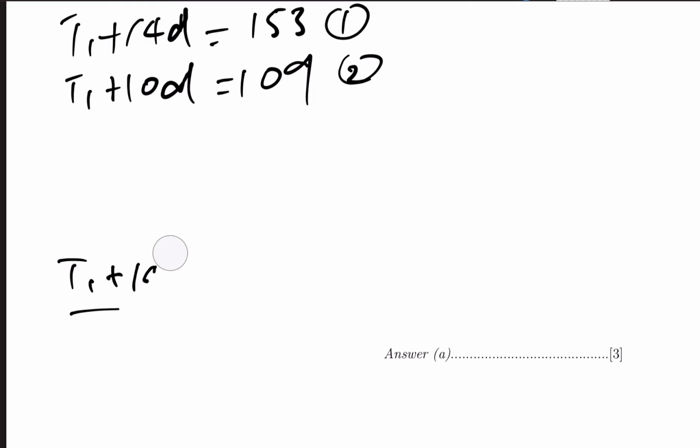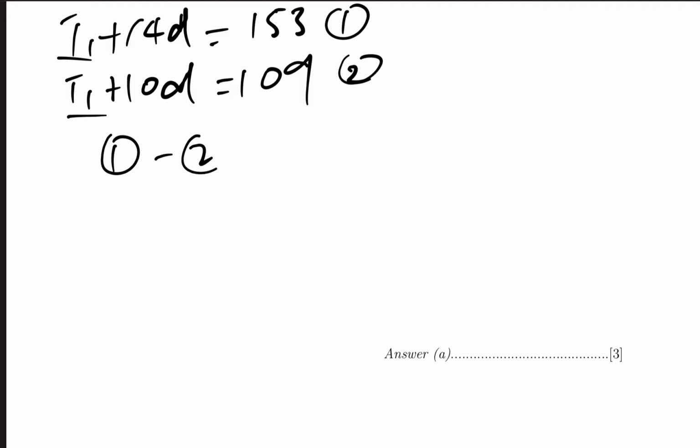Okay, so now what we have to do is just to solve these simultaneous equations. The simplest method to do here: we have T1 here, we have T1 here, so we can eliminate the T1 by saying equation 1 minus equation 2.